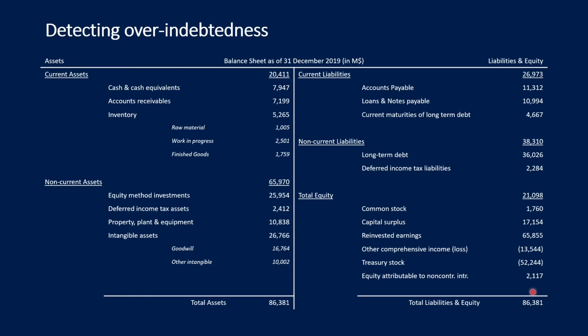The higher the debt ratio, the higher the probability of an insolvency. Or we can divide total equity by total liabilities and equity and define this as the equity ratio. The higher the equity ratio, the lower the probability of bankruptcy.